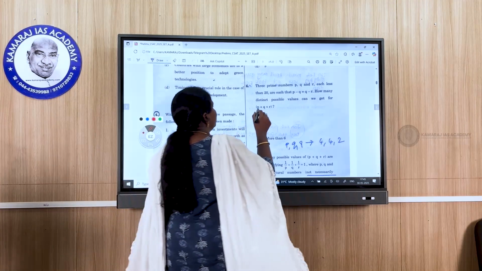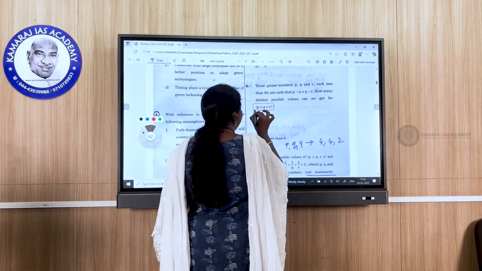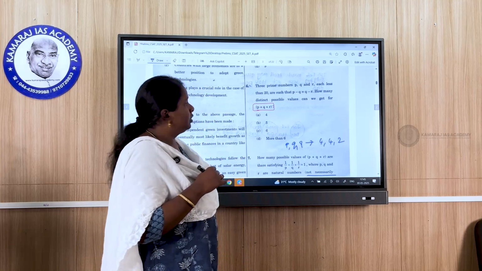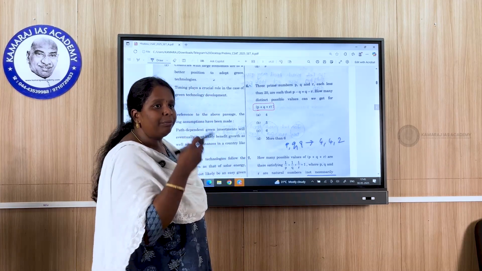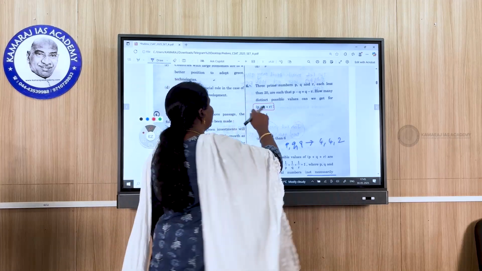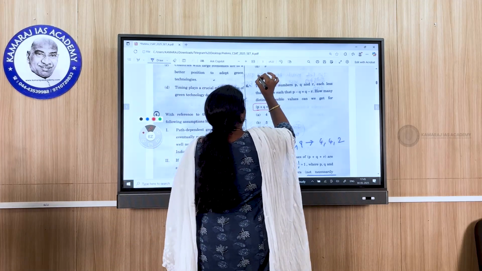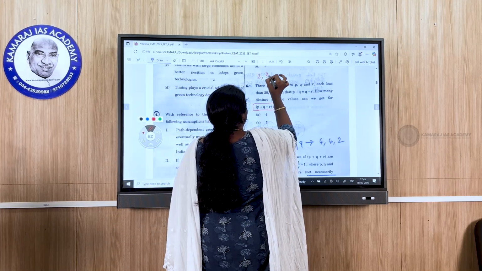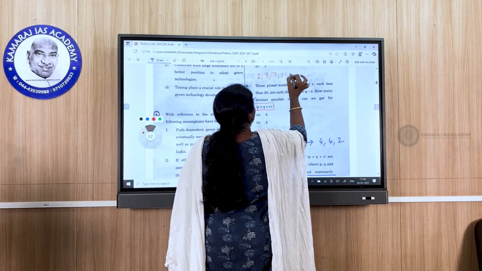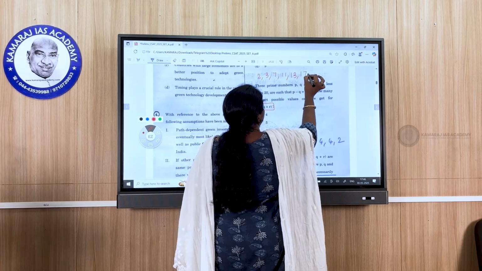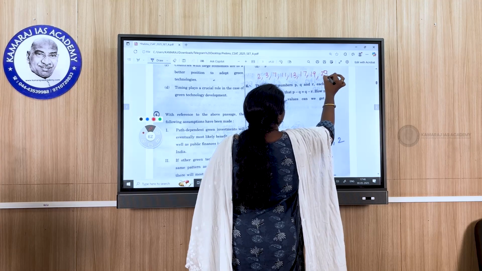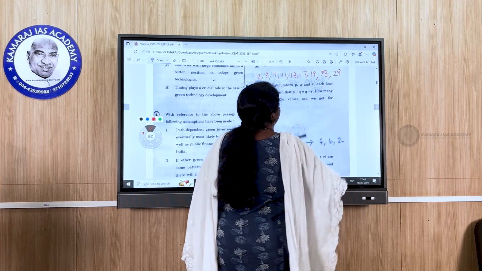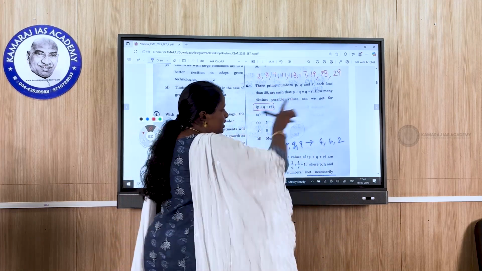See here, I should get distinct values of P, Q and R. I should take prime numbers less than 20. What are the prime numbers less than 20? 2, 3, 5, 7, 11, 13, 17, 19, 23, 29.